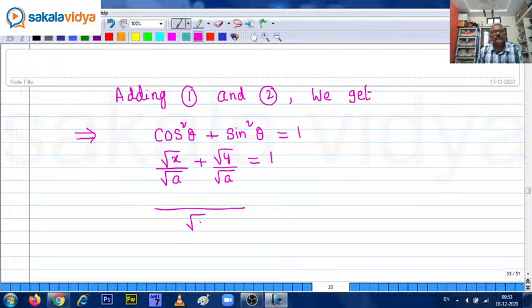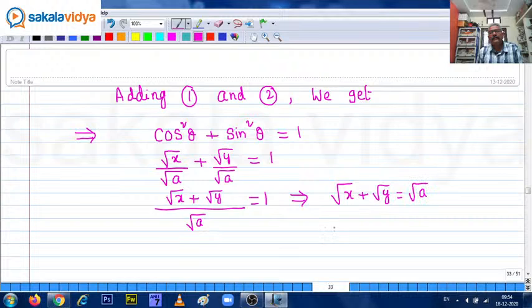Root a is the LCM. Root a cancels, root x. Root a cancels here, root y equals 1. By cross multiplication we get root x plus root y equals root a. Hence it is proved. It's very interesting problems these are.